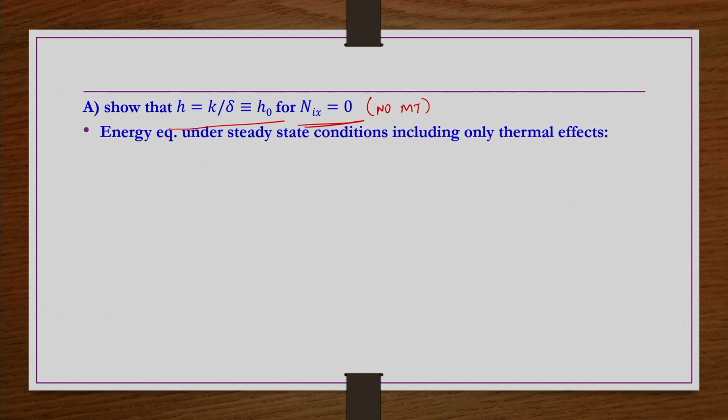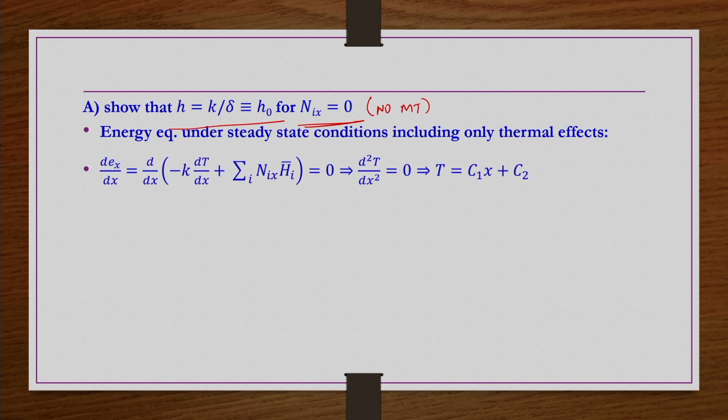The energy equation under steady state conditions, including only thermal effects, in a Cartesian coordinate system is dou Ex by dou x equals 0. Ex has only conduction and the energy associated with the mass flux terms.